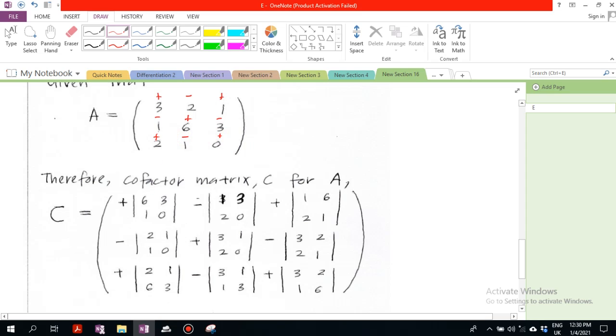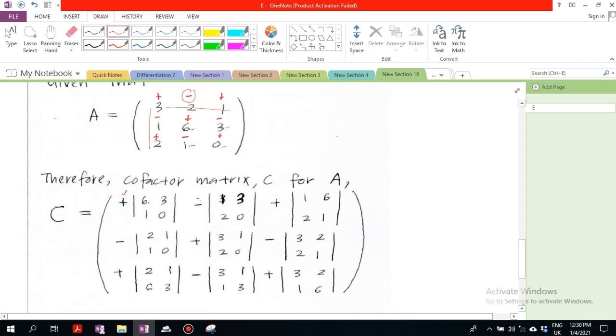Then you are taking the first row. It's a positive, you are putting positive here. Then you put the matrix remaining. So for A11, okay, this row will be eliminated. Okay, then this column will be eliminated. So you just remain 6, 3, 1, 0. Okay, for the second one will be a negative here.